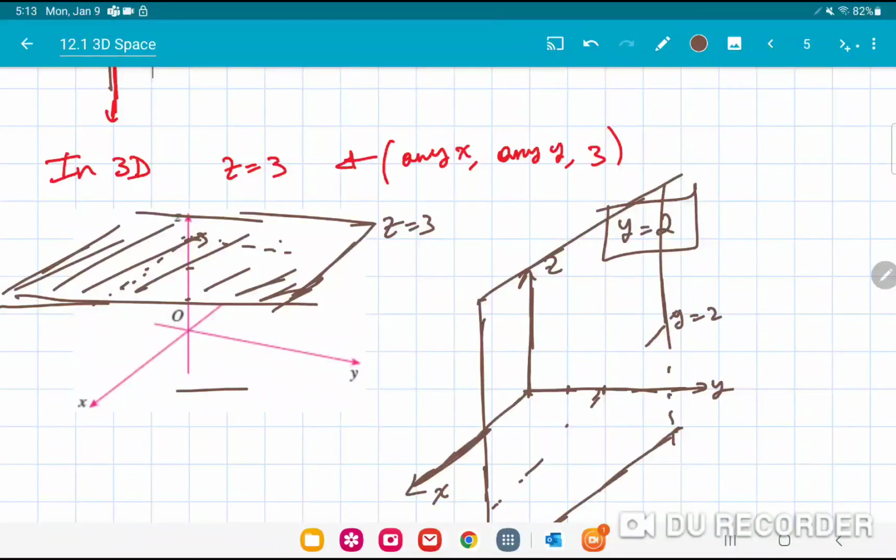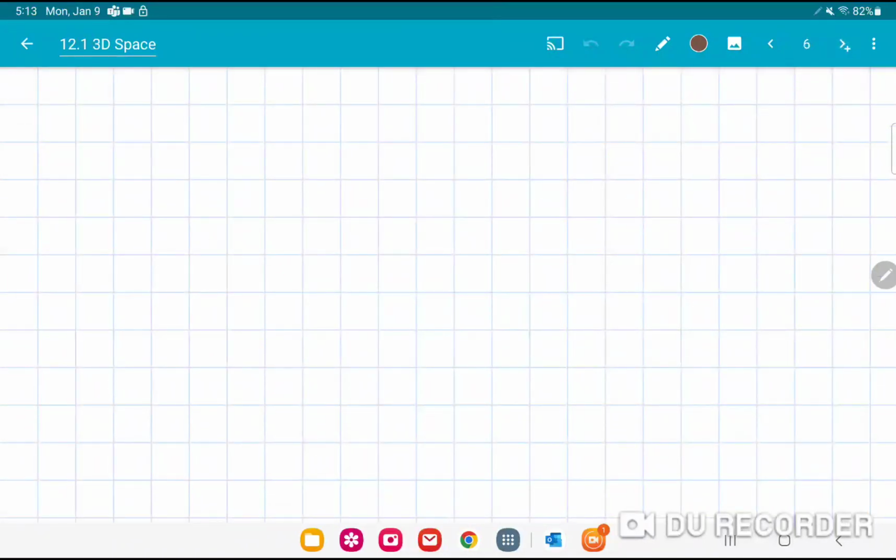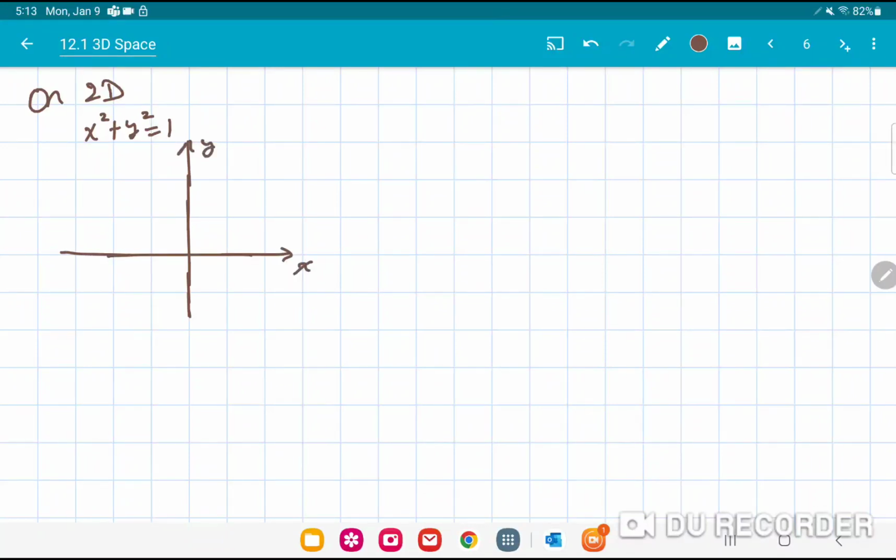Let me do one more example and stop the video so we can do the next on a different video. Okay, I'm going to do x squared plus y squared equals 1 in 2D. This is the circle of radius 1 in 2D.